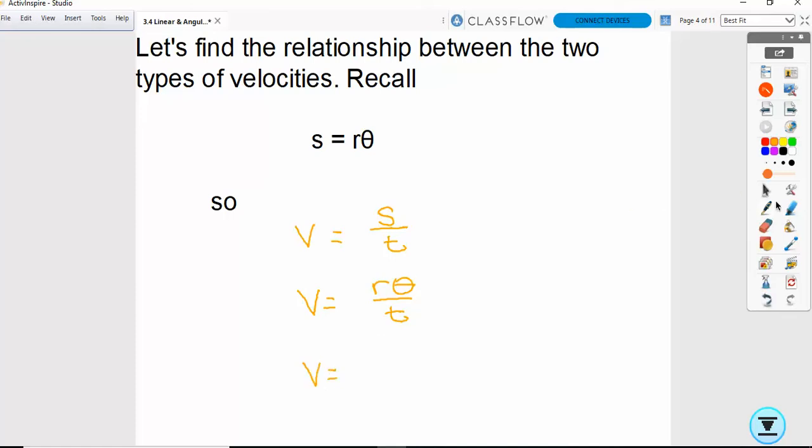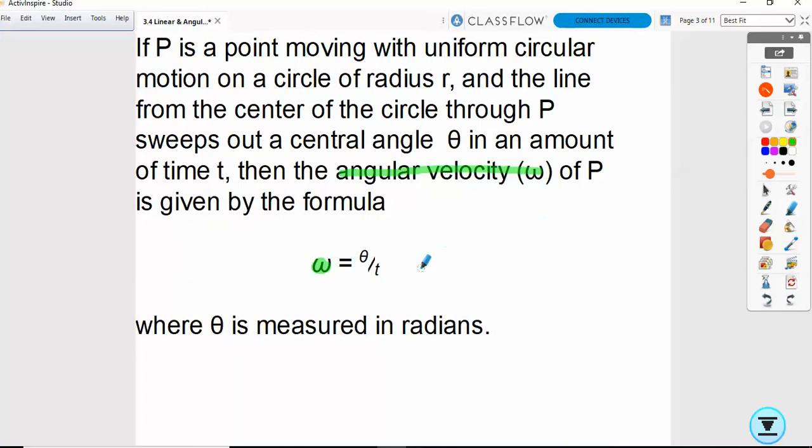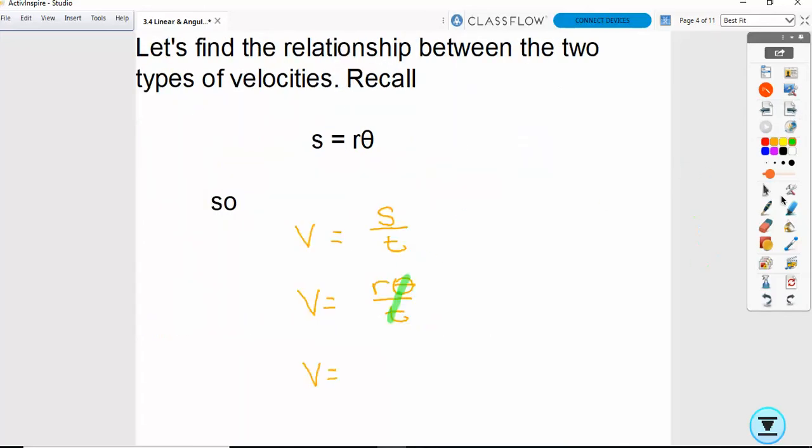And if you look at that last formula, what does theta over t give you? Yeah, that's our angular velocity, that omega. So linear velocity is actually equal to the radius times the angular velocity. V equals r omega is the third formula.